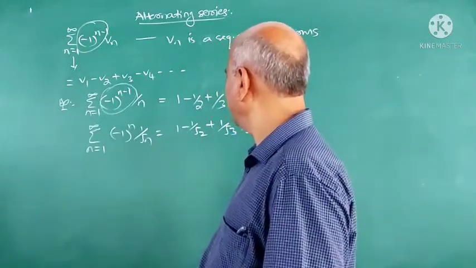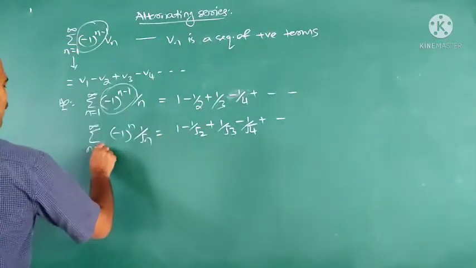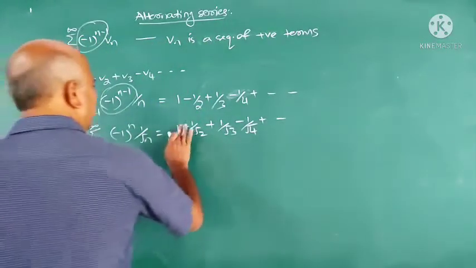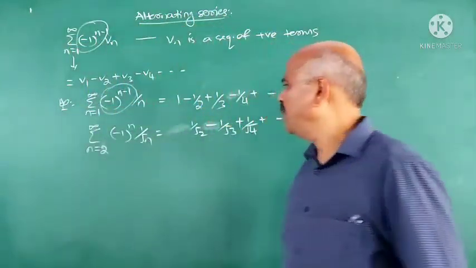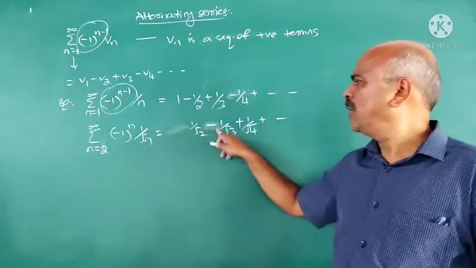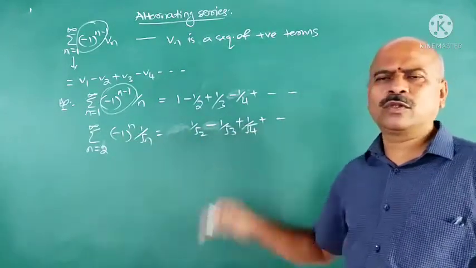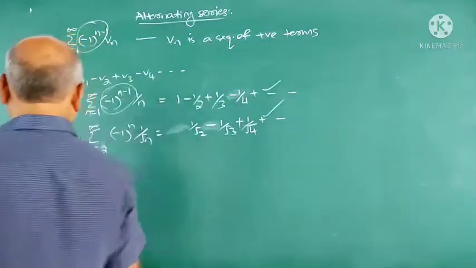Or we can take n to be any starting value, say 2 to infinity. Then it becomes 1 by root 2, minus 1 by root 3, plus 1 by root 4, and so on. These are examples of alternating series.